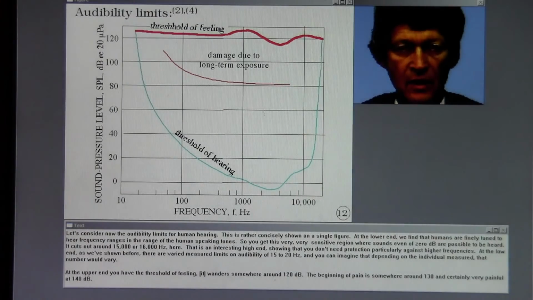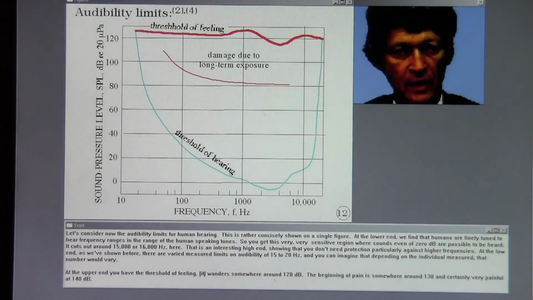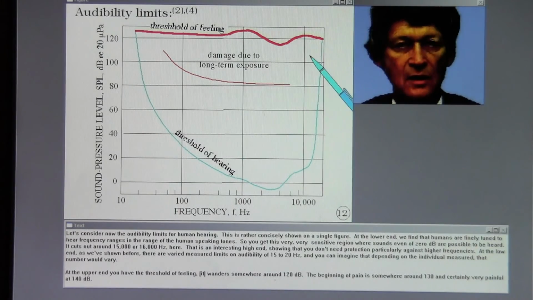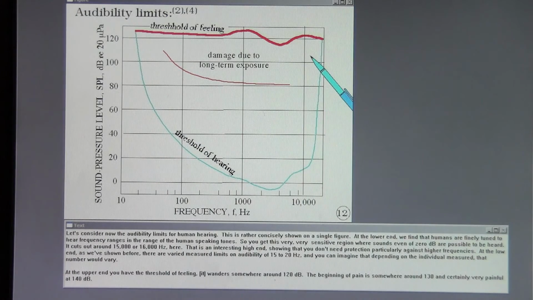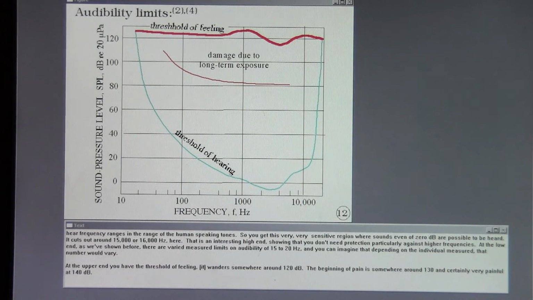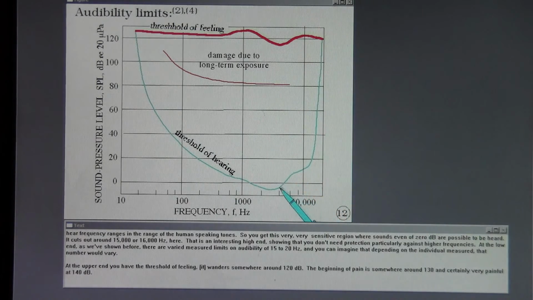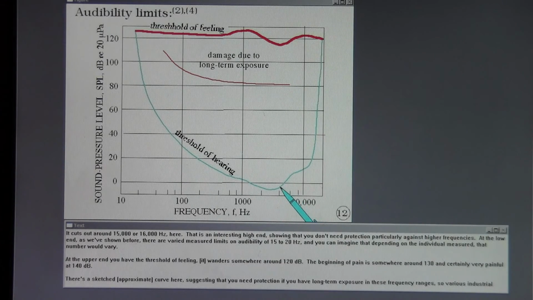Let's consider now the audibility limits for human hearing. This is rather concisely shown on a single figure. At the lower end, we find that humans are finely tuned to hear frequency ranges in the range of the human speaking tones. So you get this very, very sensitive region where sounds even of 0 decibels are possible to be heard.